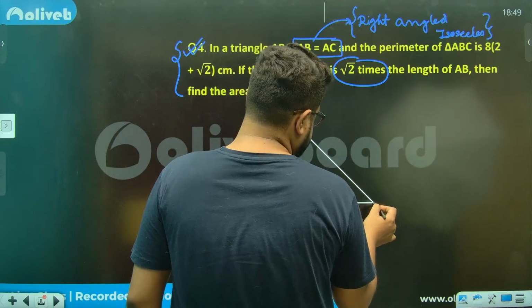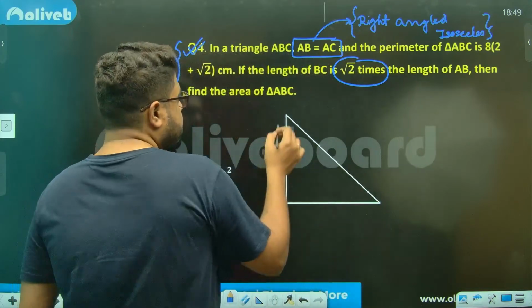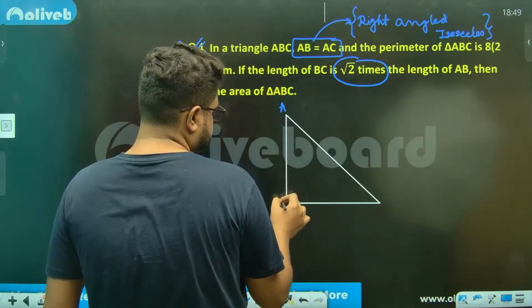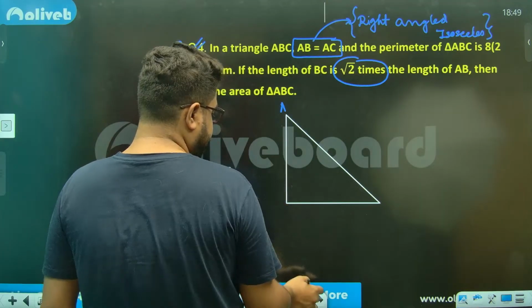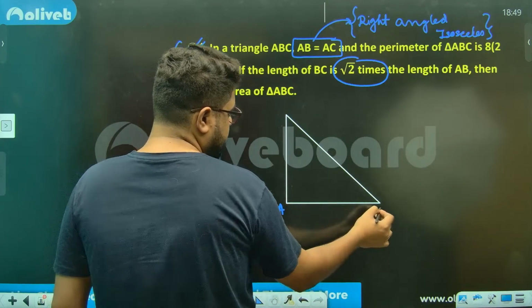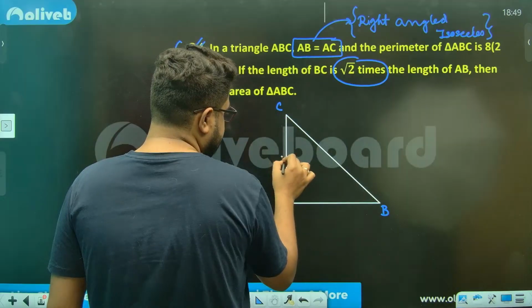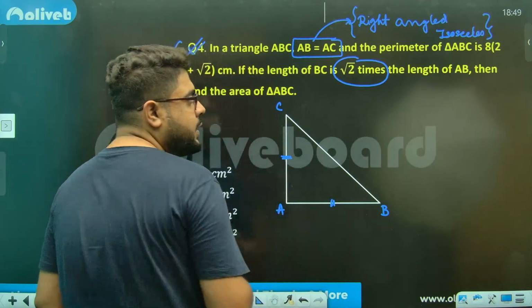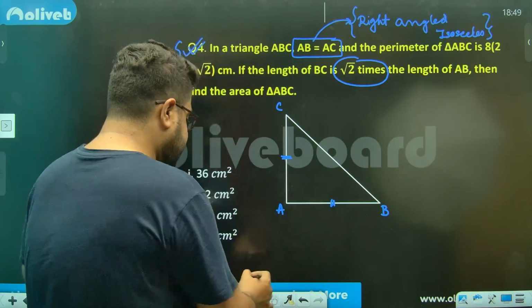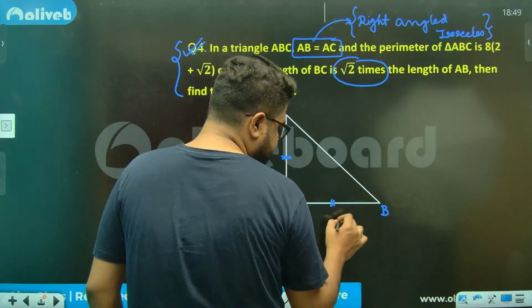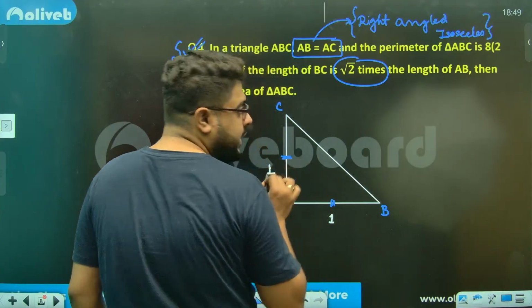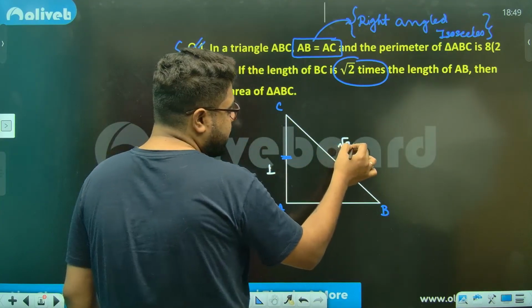So AB is AC, meaning A is the common point, and AB and AC are the same. So please understand, sir. If I take this as 1 unit, this as 1 unit, then this will be root 2 units always.